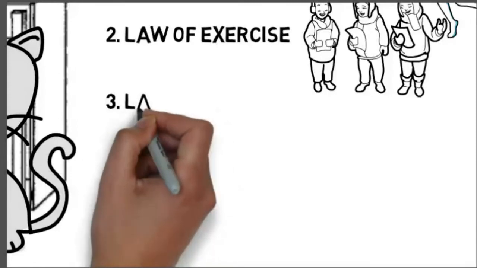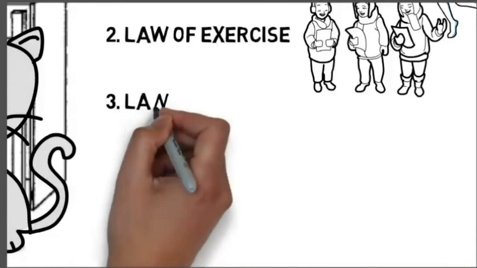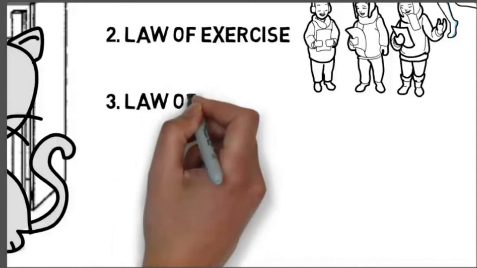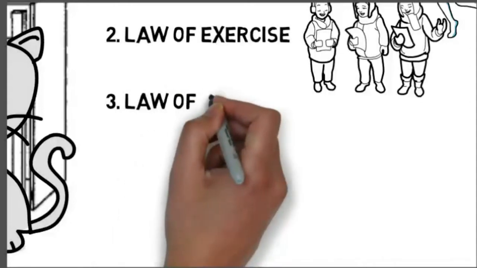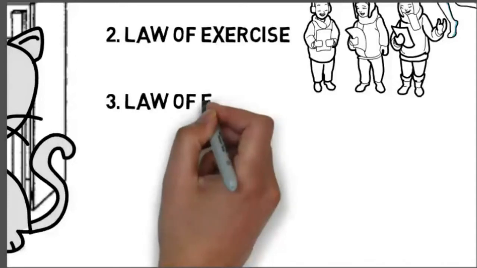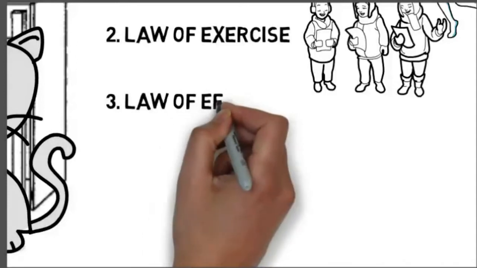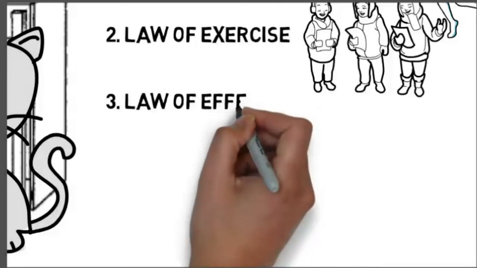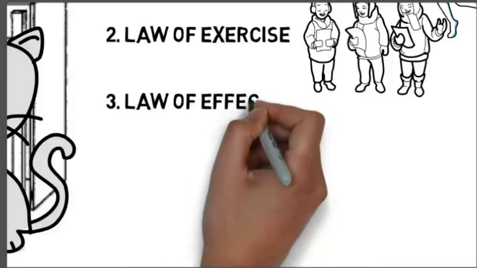And then there's the law of effect. This is an important law of Thorndike's, which states that when a connection between stimulus and response is accompanied by a satisfying state, its strength is increased.